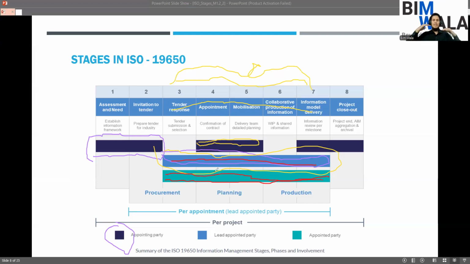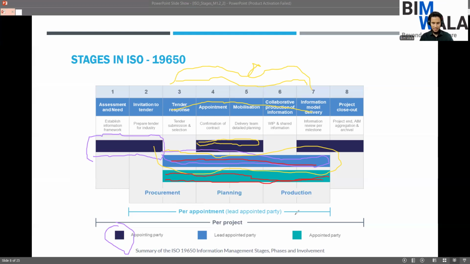So basically, a lead appointed party and appointed parties work parallelly, okay, all together. These two parties will work together parallelly and will submit their milestones. Again, when stage 7 is done, then the client comes into the picture, correct? So this is the summary of the ISO 19650 information management stages, phases, and involvements.